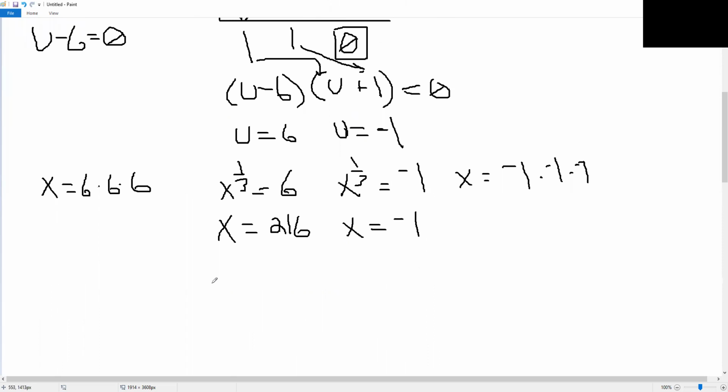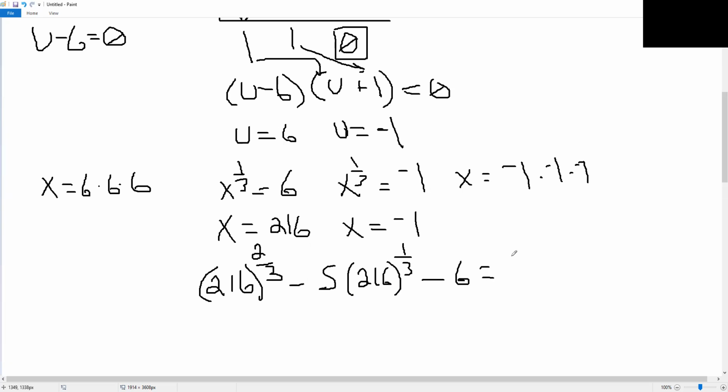So we want to say 216 to the 2/3 minus 5 times 216 again to the 1/3 minus 6 equals 0. So I'm not solving for this one, I'm actually solving for this one right here.